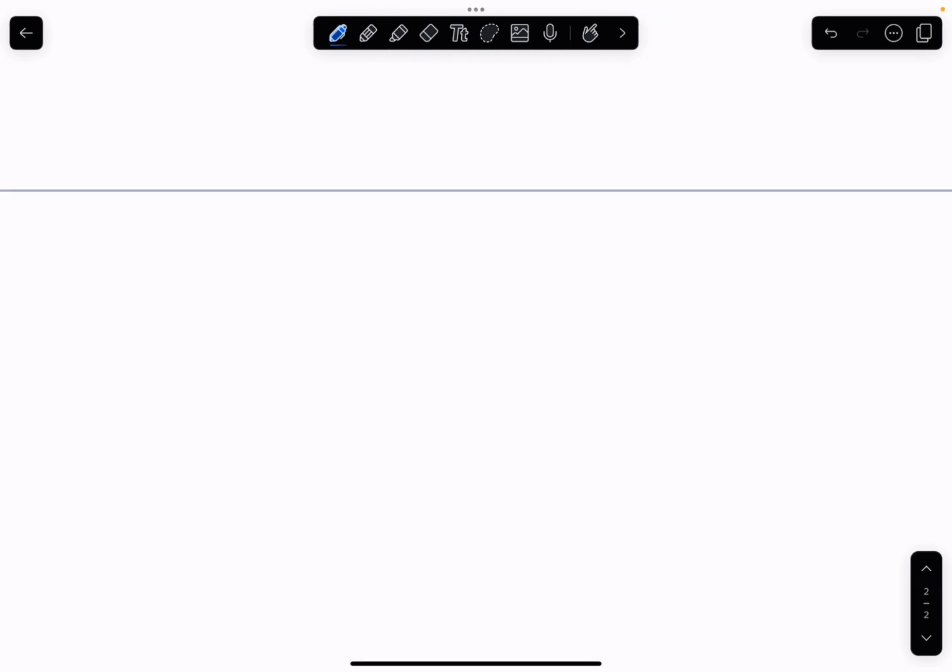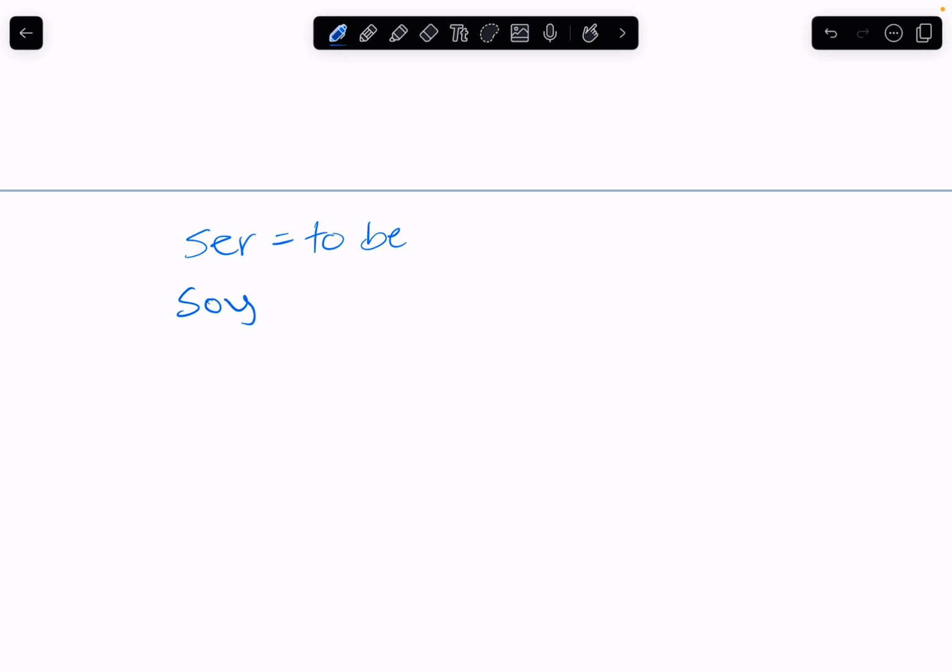We've gone over the conjugations of ser. Ser means to be. And the conjugations are soy, eres, es, somos, son. Okay, so to be when it's something permanent.